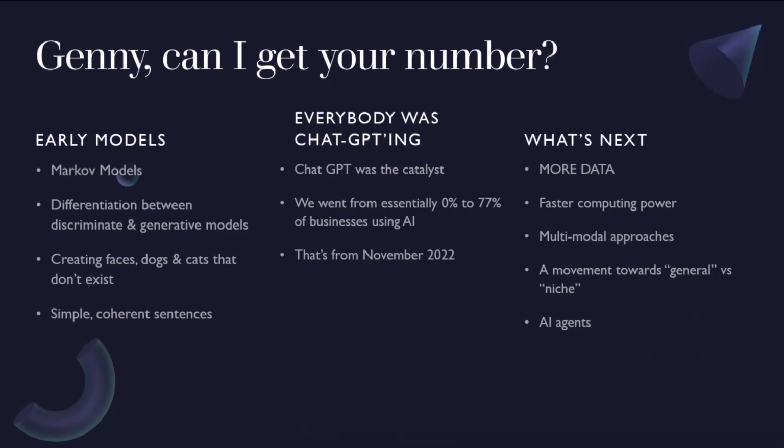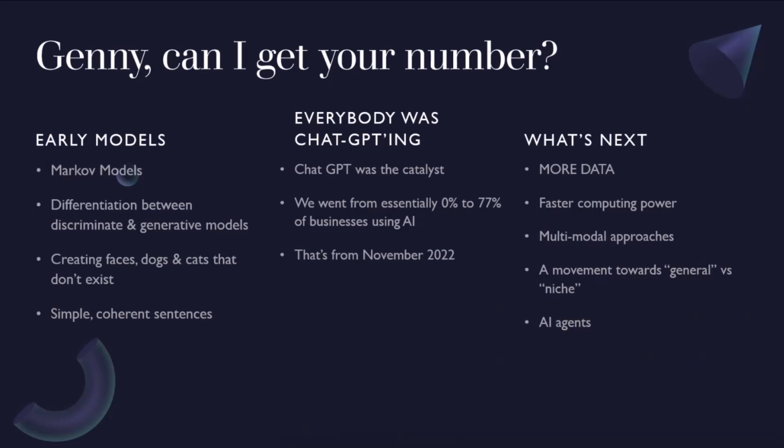ChatGPT was really the thing. It was the spark that lit the fire of generative AI. It became something that you or I or anybody could go and use very easily, fairly cheaply. They had a free model for a while. It was something that gave back usable answers and was super useful.